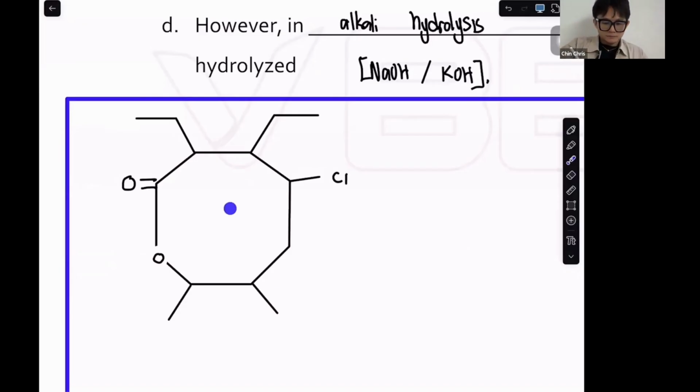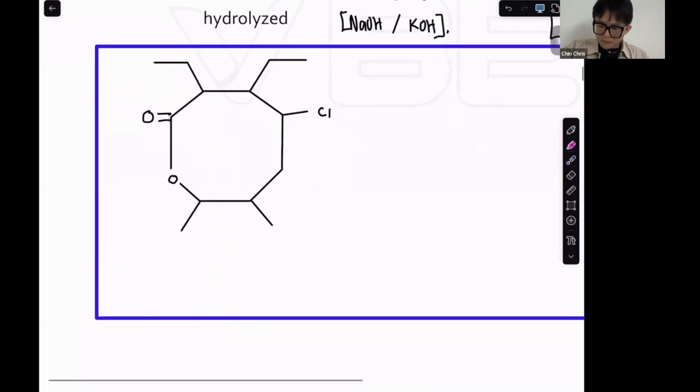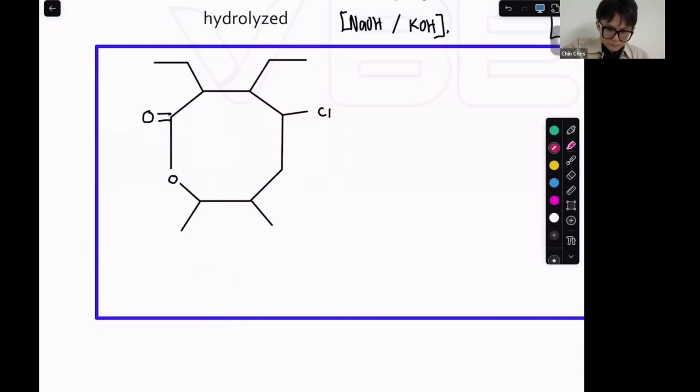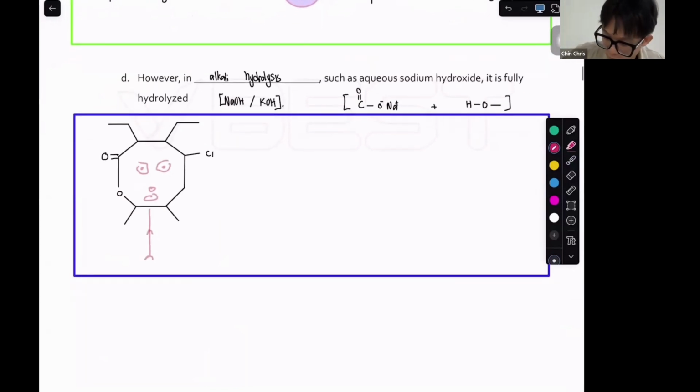Okay, that's it. All right, guys, please hydrolyze this ester for me. Let's go. Okay, when you are hydrolyzing it with a base, the reaction is just one directional.